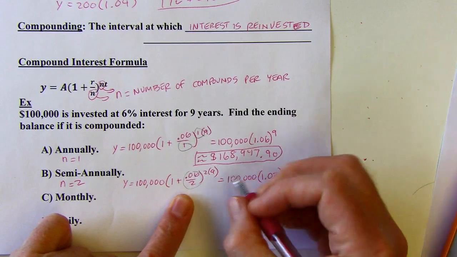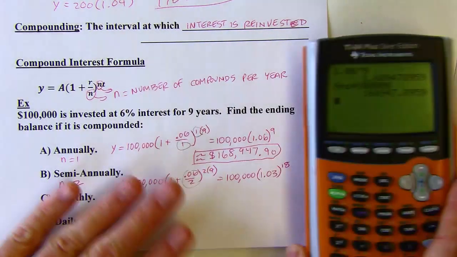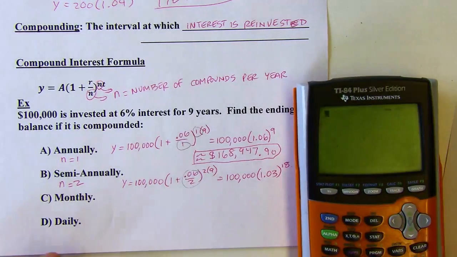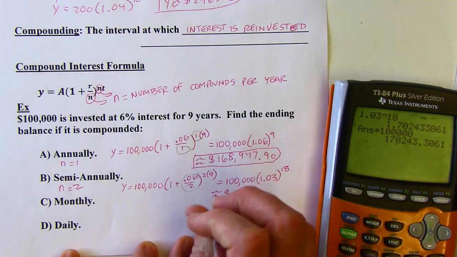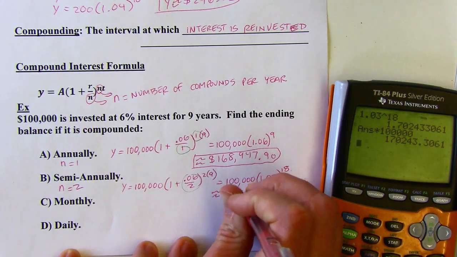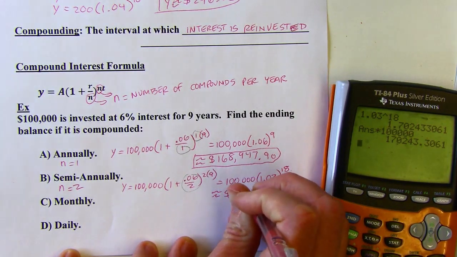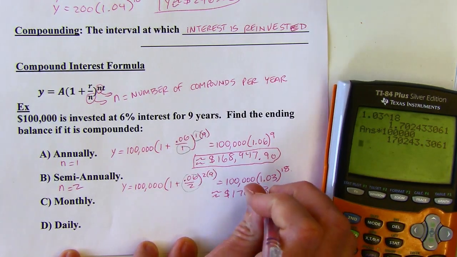That's my base. 2 times 9 is 18, and then it's calculator time. 1.03 to the 18th times 100,000, and we get $170,243.31.